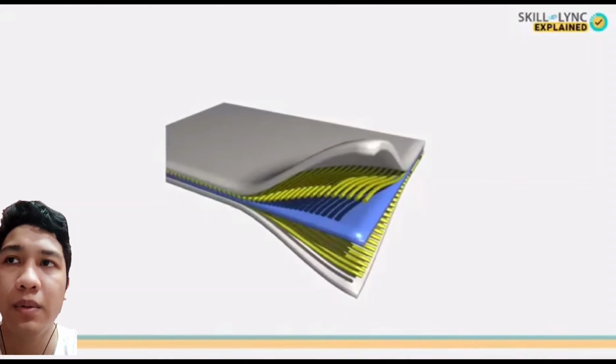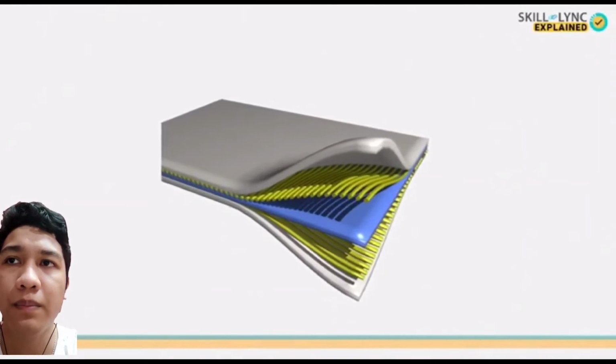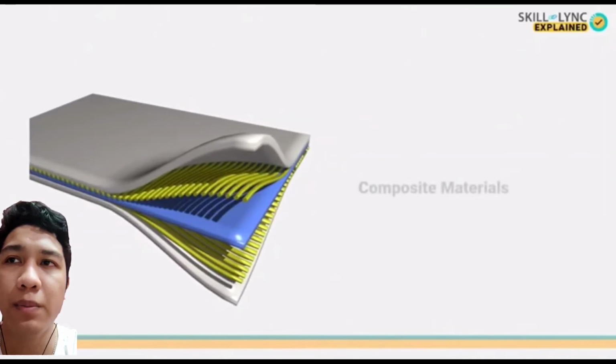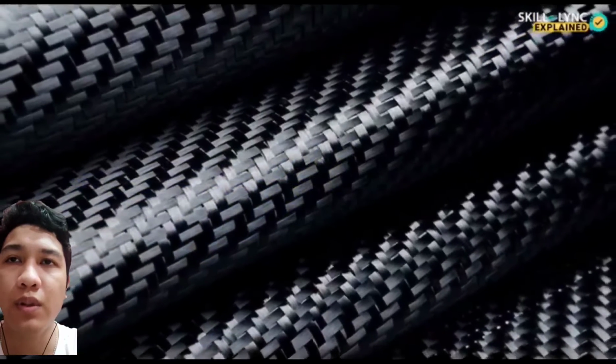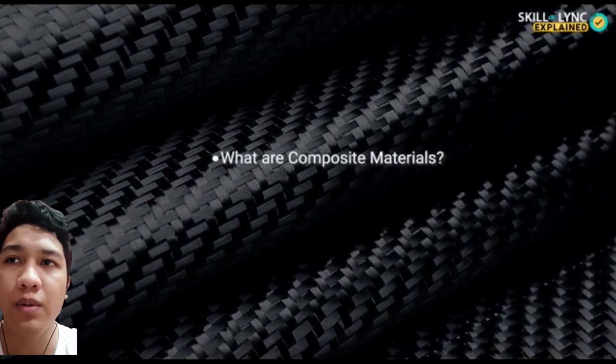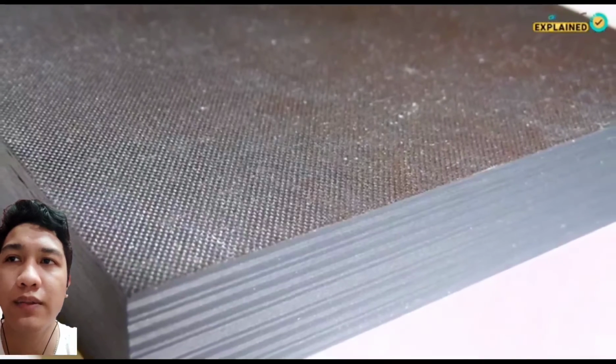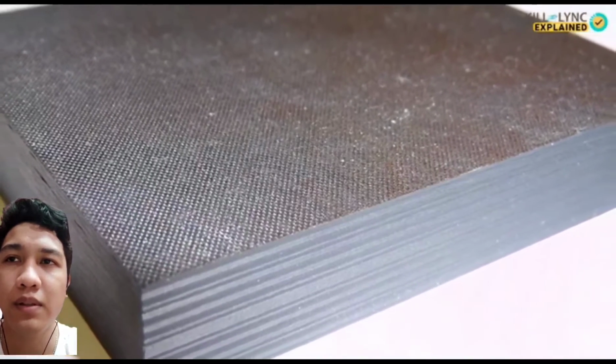Likewise, a large number of products have been developed by combining different materials for obtaining enhanced performance. Such materials are called composites, and that's what we're going to discuss today in this video. We'll be discussing what composite materials are, why we need them, and their classifications with some examples.